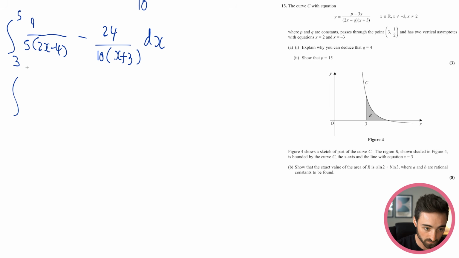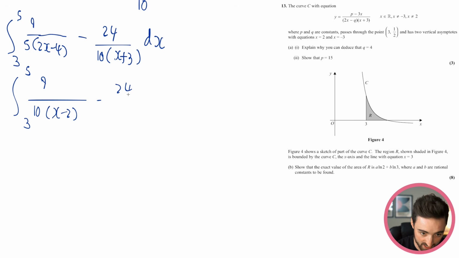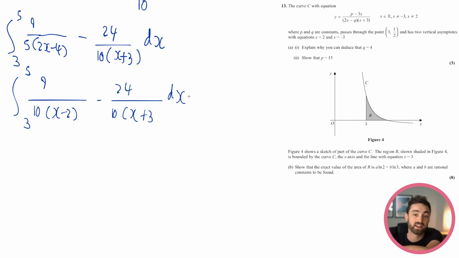So I'm going to get 9, and then I'm taking the 2 out, timesing it by that 5 to get 10. So I'll then get an x minus 2 here. This stays still, so 24 over 10 at x plus 3. Why have I done that? Because constants, I can take them outside of the integral. It's going to be super useful here, just because it's going to get messy, right?